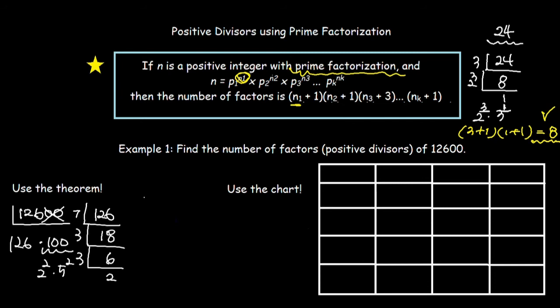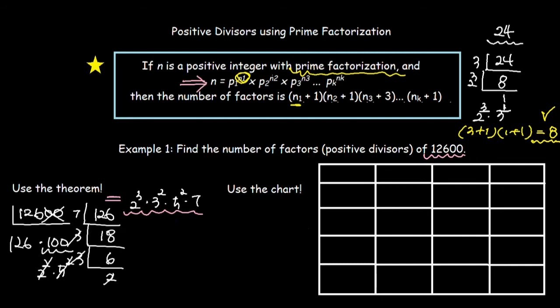So we know the prime factorized form of 12,600 is, how many 2's are there? 3. 2 to the third power times, there are 2 3's, 2 5's, and 7. So we know that this is equal to 12,600.